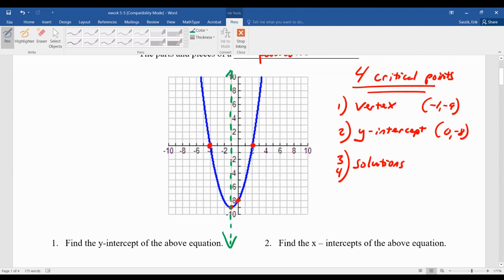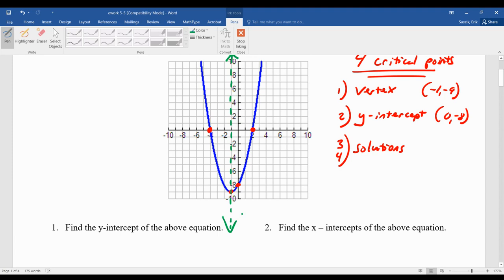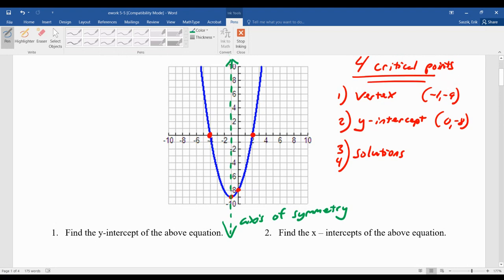And that line is called an axis of symmetry. I hope you should be familiar with the word symmetry. We're essentially talking about a mirror image. You could take the parabola and fold it over that axis of symmetry. If it was a piece of paper, make a crease along that axis of symmetry.